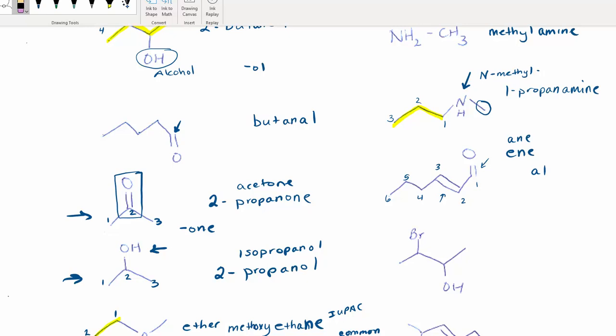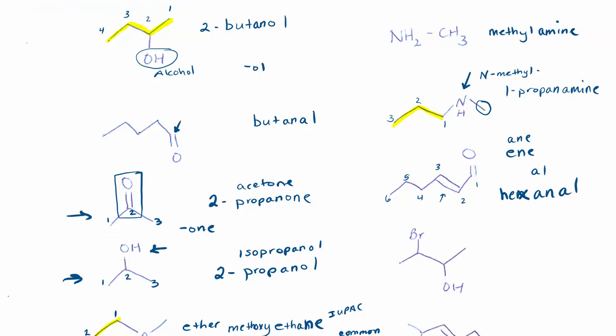In order to tell what the most oxidized is going to have, the most oxidized carbon is the one that has the fewest carbon-hydrogen bonds. So we're looking for the most carbon-oxygen bonds. So the aldehyde is going to be the most oxidized. So we would look at this as a hexanal if we didn't have this double bond.